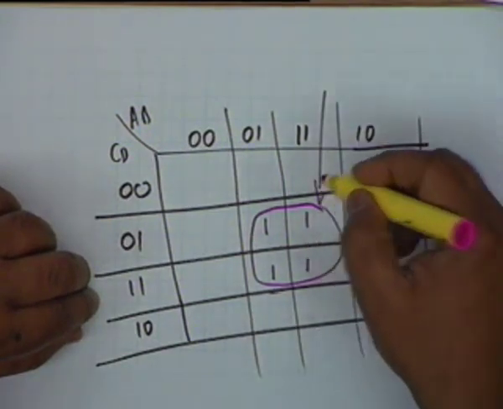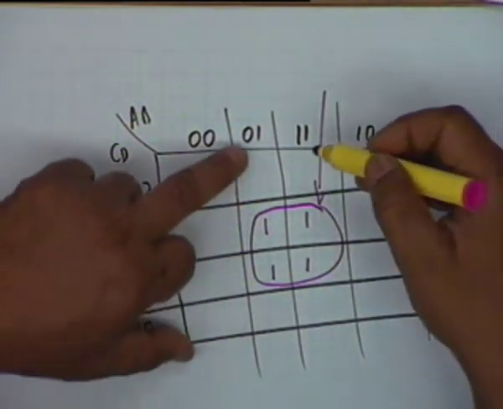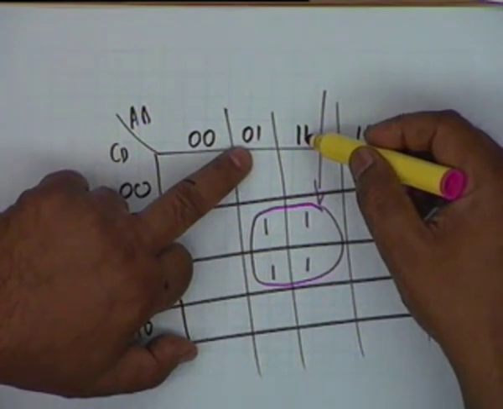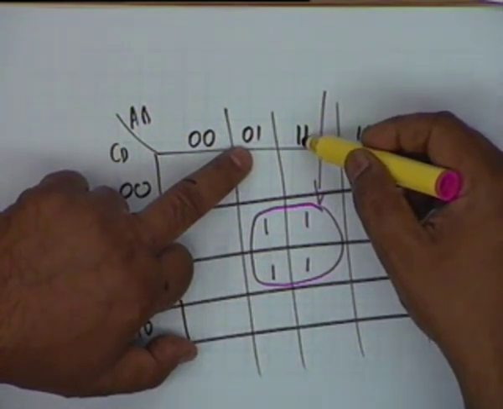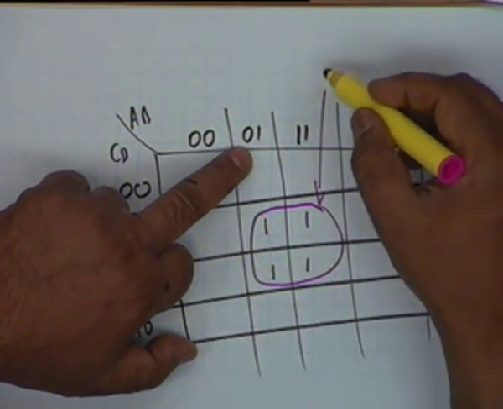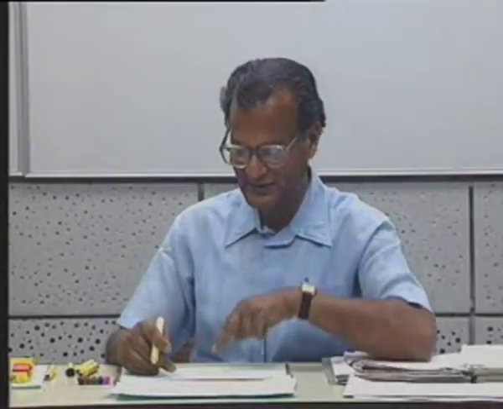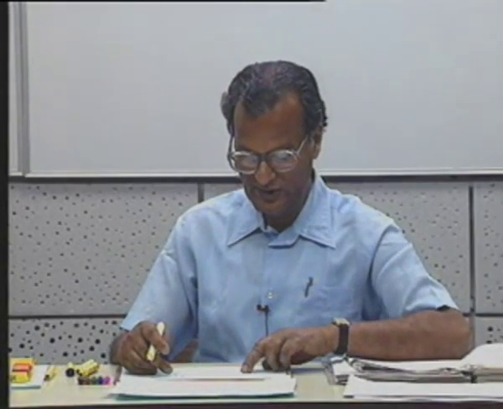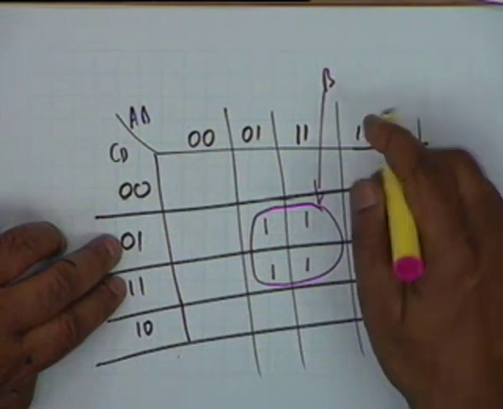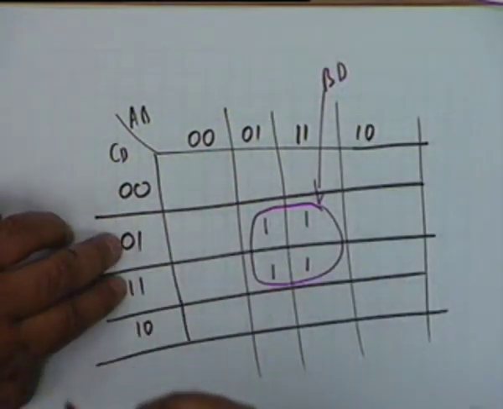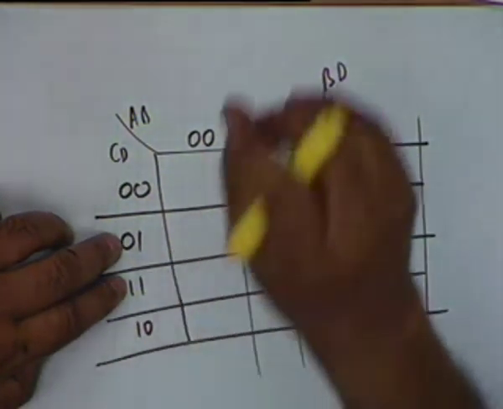The expression corresponding to this, you see, 0 1 1 1, A has changed, therefore it should be independent of A. It should have a B. Here 0, 1, 1, 1, what has changed? C has changed. Therefore, this simply represents BD. And it's a tremendous simplification.